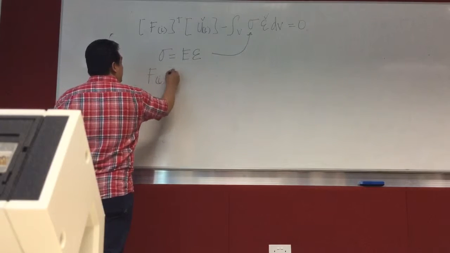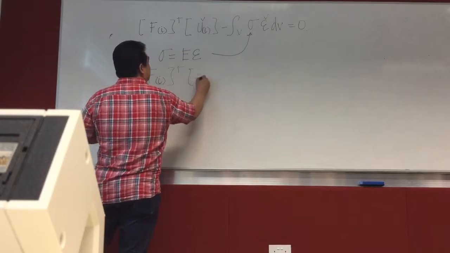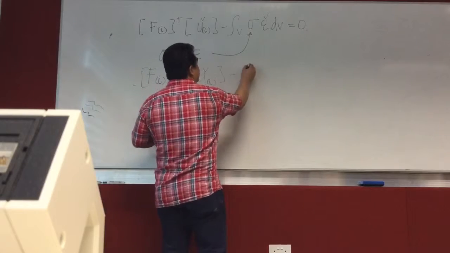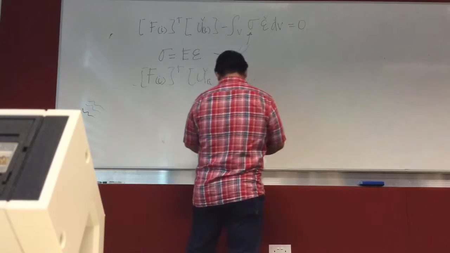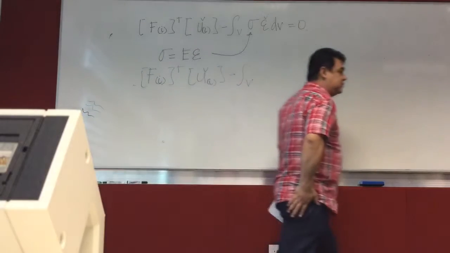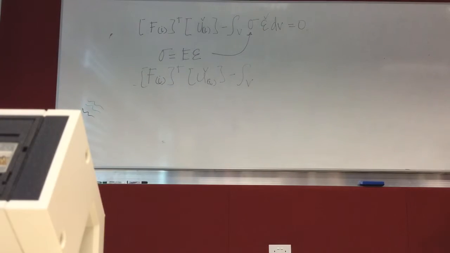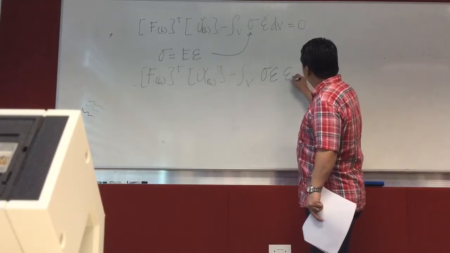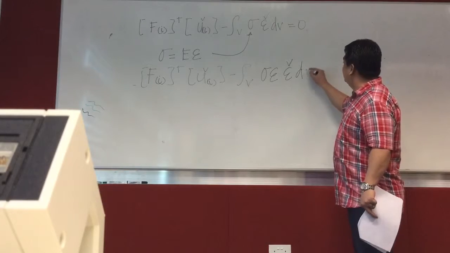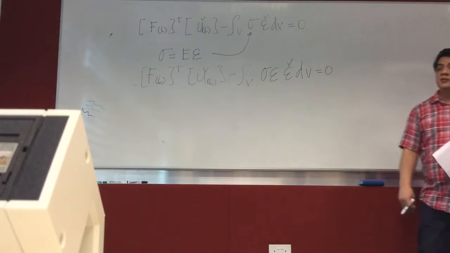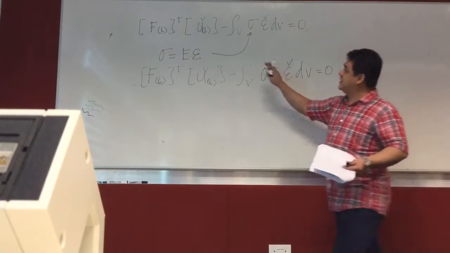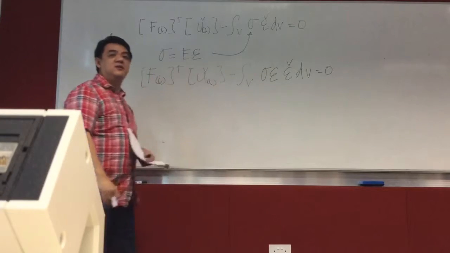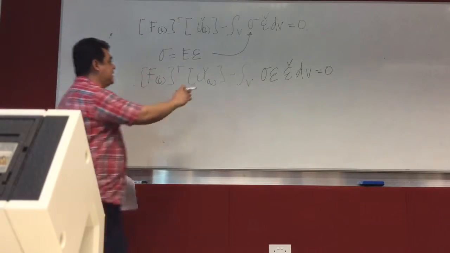So you have now Fi virtual minus the volume integral of stress, strain, virtual strain, dV equal to 0. Please have a look. So no change. It's just that this one, we have this one here, we have that, this, and so on. Oh, sorry, E.